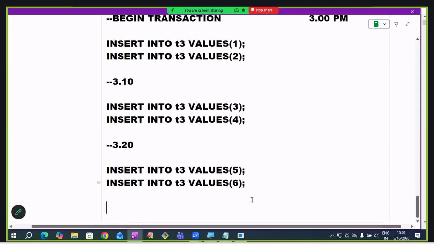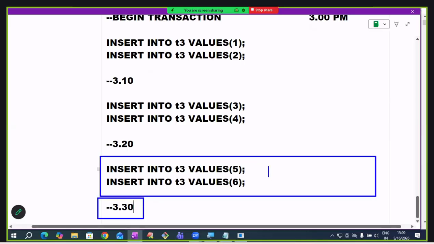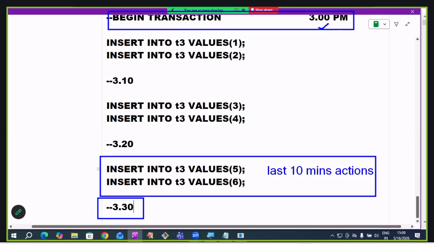At 3:30, I found some mistakes in the last 10 minutes' actions. Understand? My transaction started at 3 o'clock. I'm performing actions, here time is 3:10.